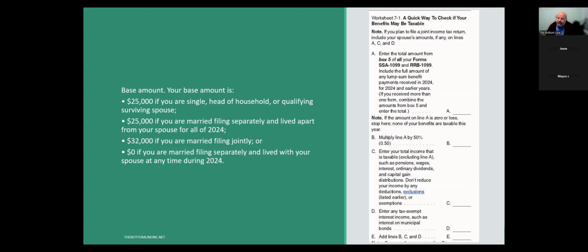So when someone had tax exempt interest, like we talked about last week, that would be on line D. So when we add lines B, C, and D, that's what we're going to consider as our total income. That's half of Social Security income, all of our other income, and all our tax-free income.